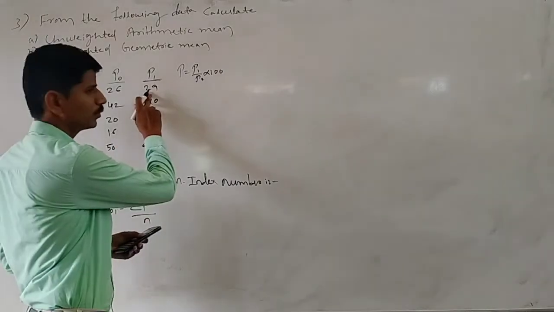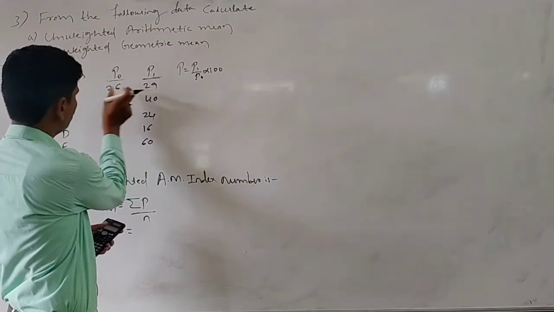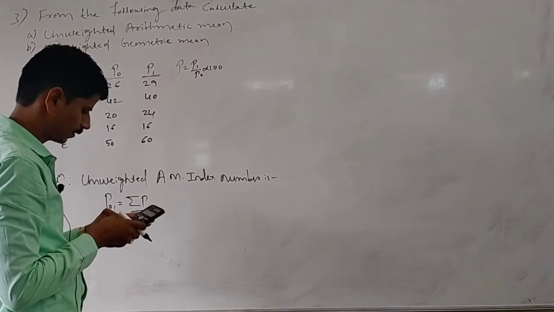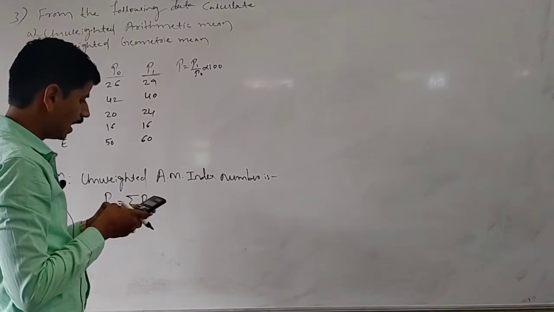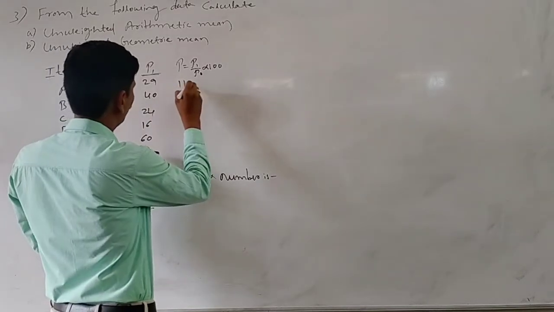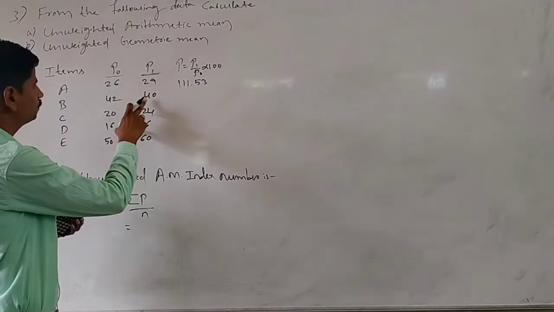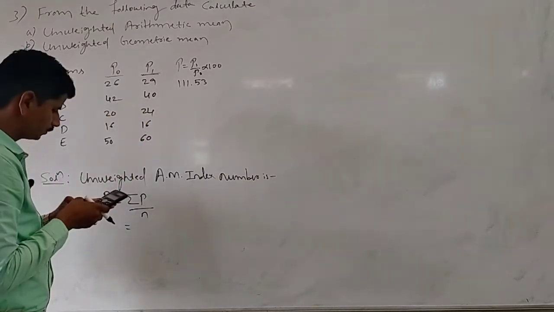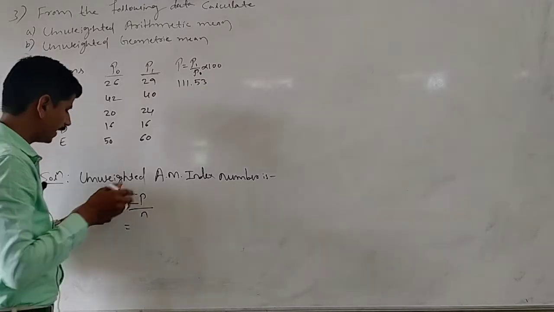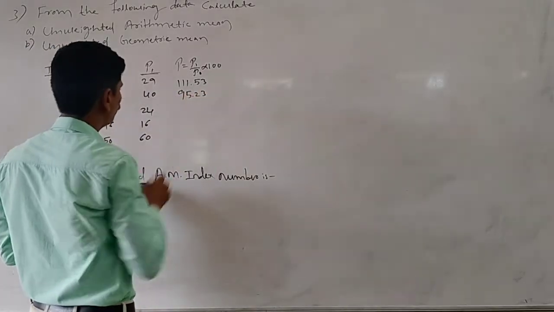Here P1 value we have to calculate individually. P1 value is 29 and P naught value is 26. 29 divided by 26 into 100, then we get 111.53. The next, second value: 40 divided by 42 into 100, then we get 95.23.